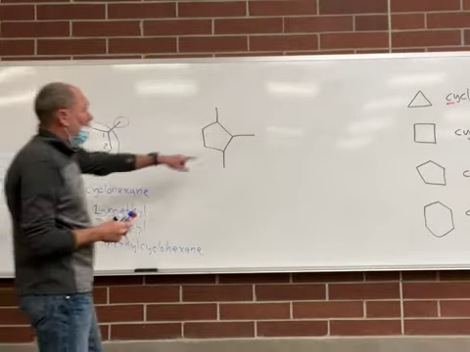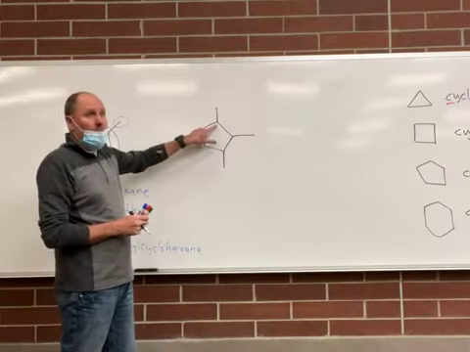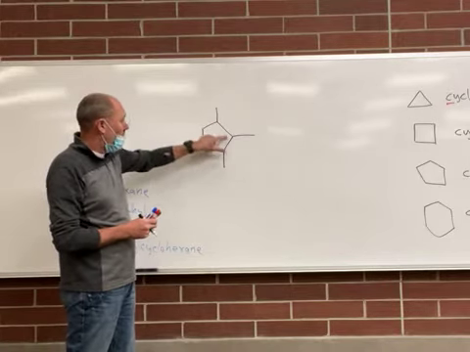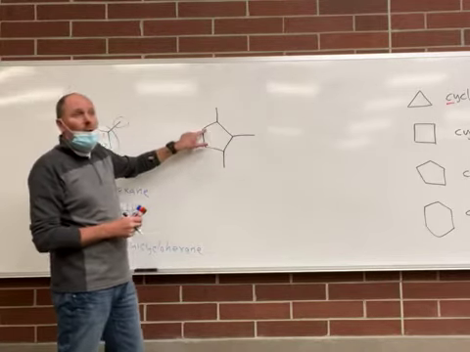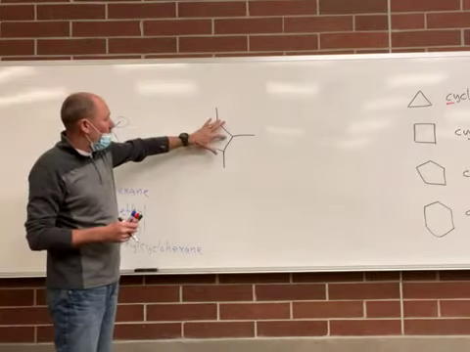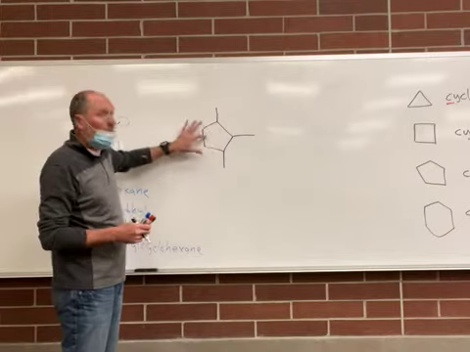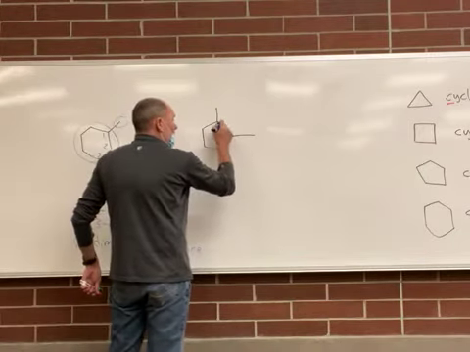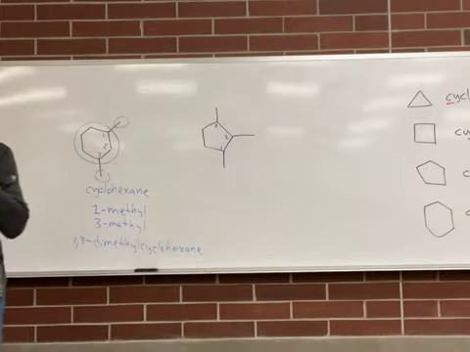I could do 1, 2, 3, 4, 5 in any direction from any carbon. Which one gives the branching the lowest numbers possible? Well, it's going to be 1, 2, and 3. So that's going to be 1,2,3-trimethylcyclopentane.